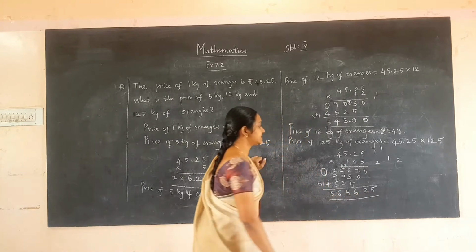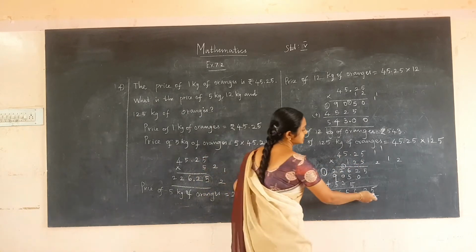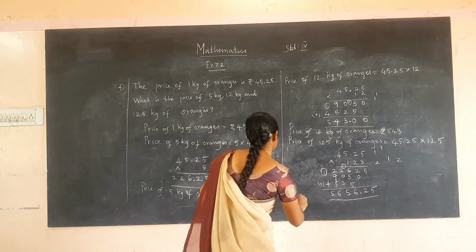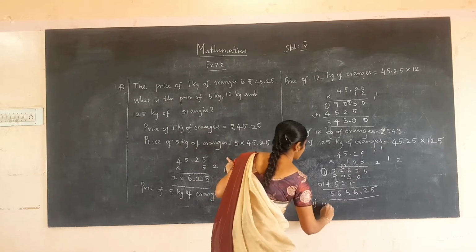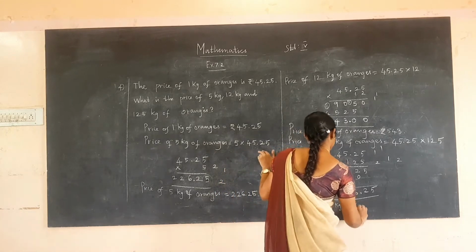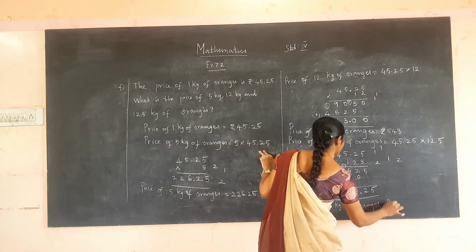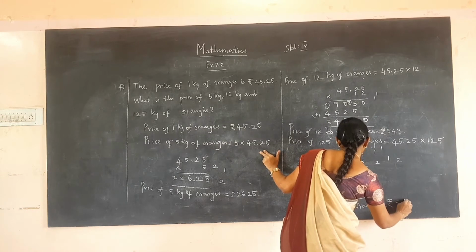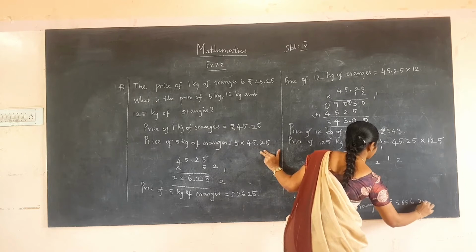Now we have to keep the decimal point. Decimal point is before 2 places, and here also we have to keep decimal point before 2 places. So price of 125 kg of oranges is equal to rupees 5656.25.